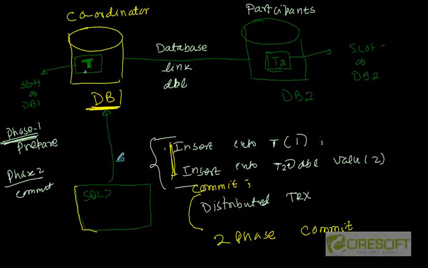So all this is going to be written, and then all of them give back an acknowledgement that commit is complete. Once the coordinator receives that commit is complete, it sends back to the SQL prompt, wherever I said commit, that the commit completes.